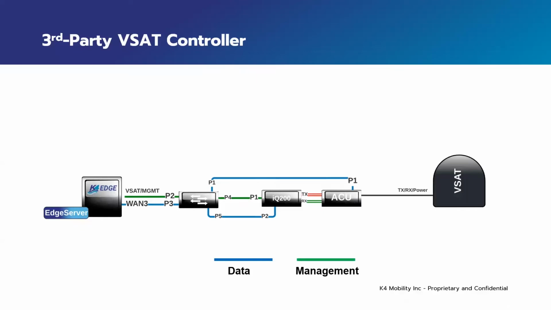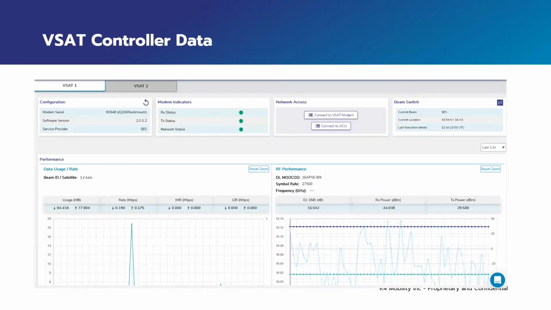So we have intelligence built into the K4 Edge platform that will be able to pull the data from the IQ200 modem or the X7 modem from iDirect. And then we pull that data into our dashboard. So we pull in things like the beam and satellites, the RF performance, the RX and TX status from the modem. All that data is pulled into the UI, so you have one dashboard to log in to get that data.